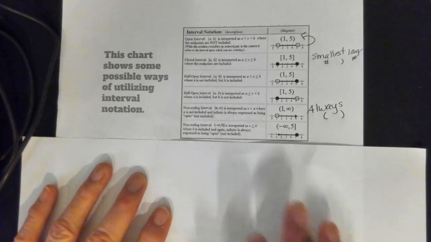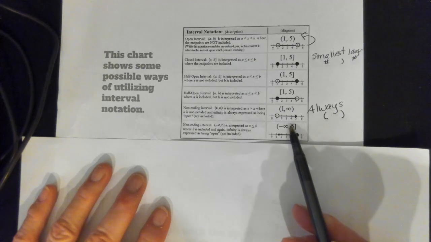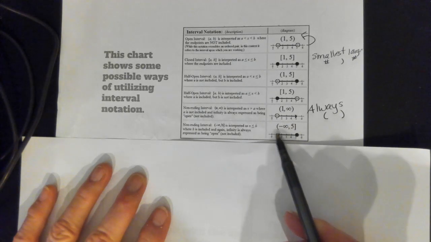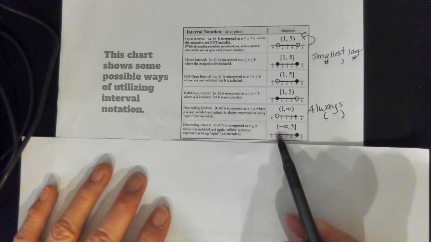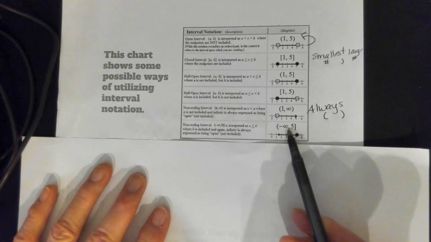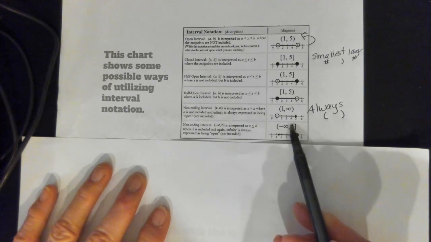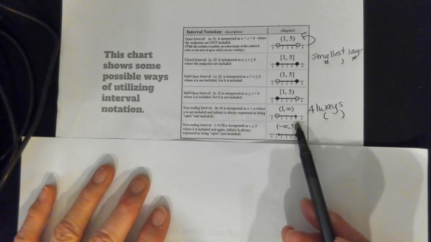You always use a parentheses. In our next example, it's going to the left, so the smallest number is actually negative infinity. We have the arrow going to the left, so we put a parentheses, and we put a comma. The biggest number it can be is 5, and this is filled in, so you get a bracket.